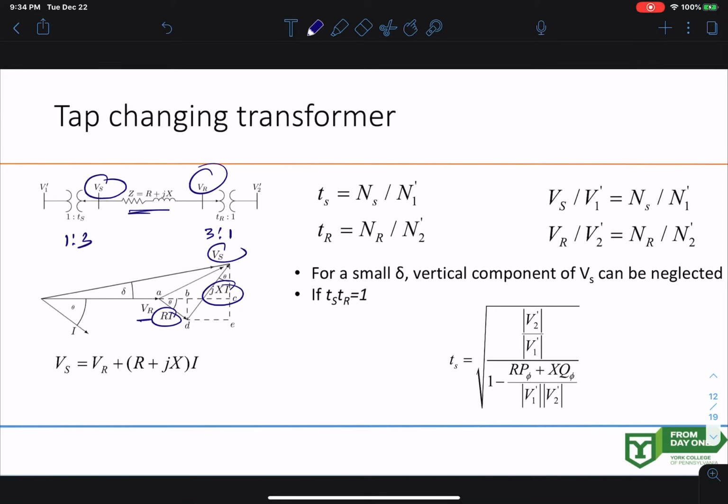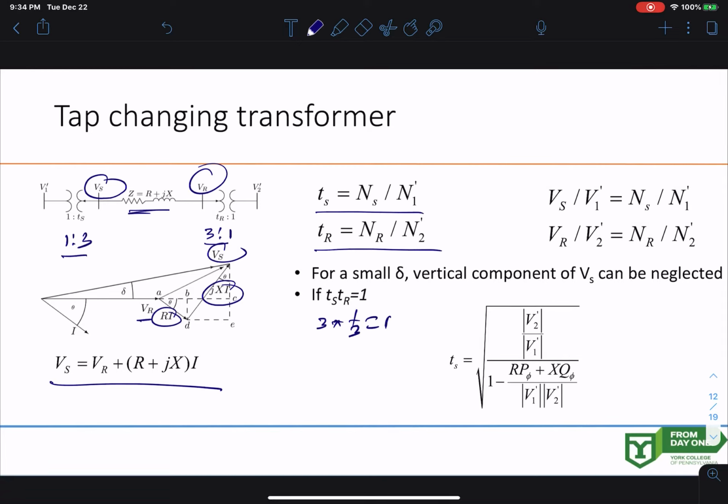So this is the diagram for that. VS is VR plus (R plus jX) times I. And again, for this one and this one, we have seen 1 times 3 and 3 times 1. So if I make the adjustment here to be 3 times 1/3, that will give you 1, right?